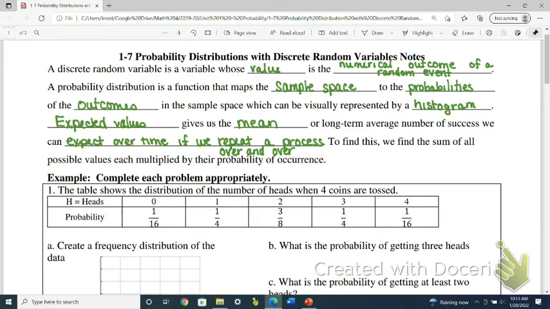So to find this, we find the sum of all possible values, each multiplied by their probability of occurrence. So knowing that, let's take a look at example 1.